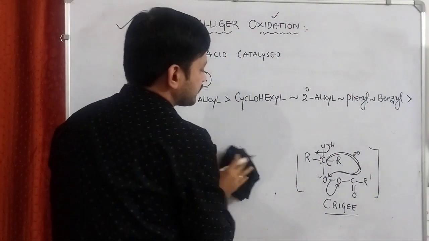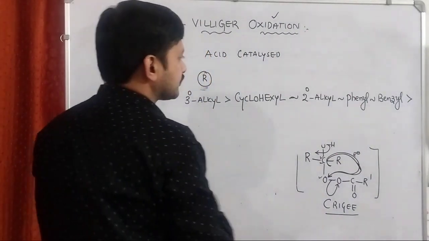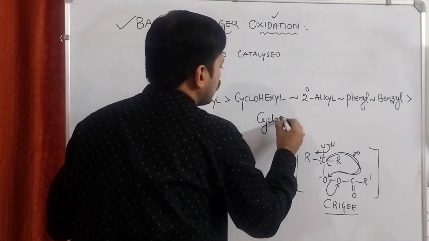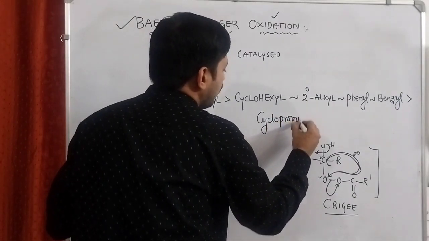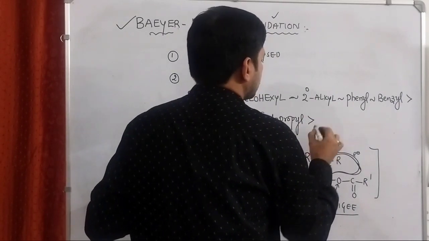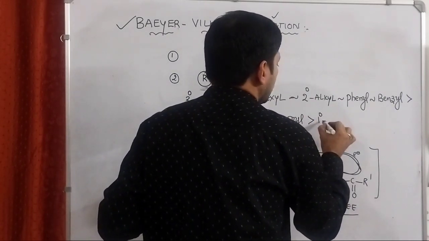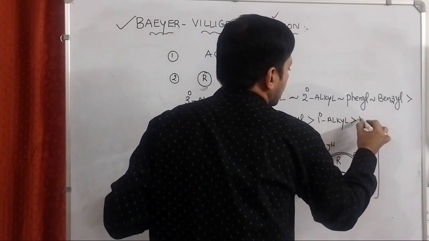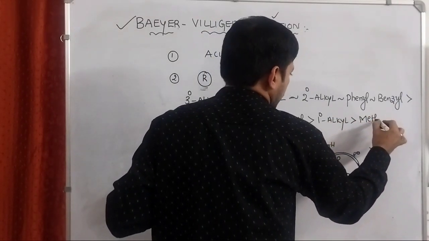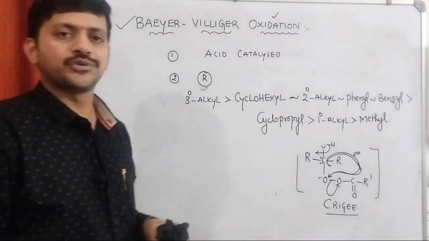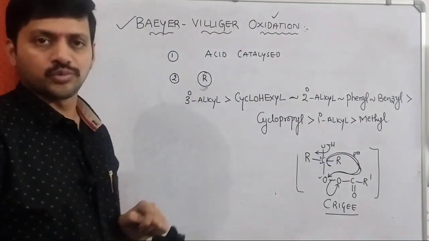Next, cyclopropyl. Next, primary alkyl, finally methyl. This is the migratory aptitude of the R group.